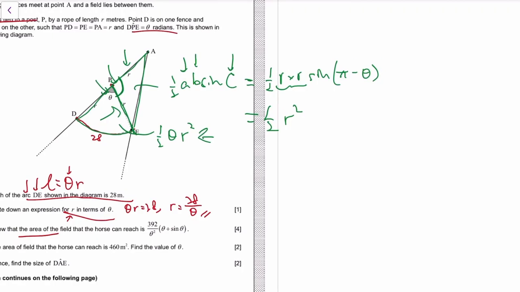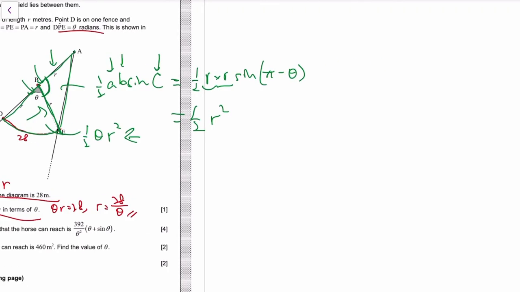Now the key of this question would be knowing how to simplify sine of pi minus theta. So this goes back to the unit circle thing about trigonometry. So the idea is 180 minus theta is in quadrant 2.